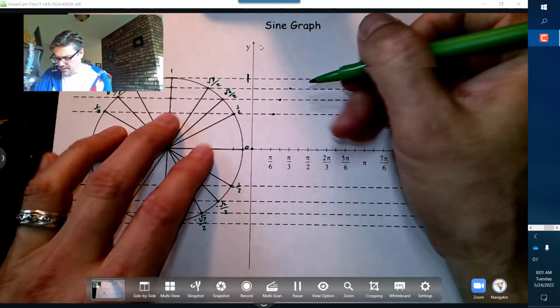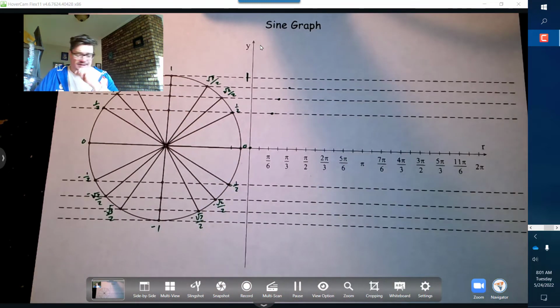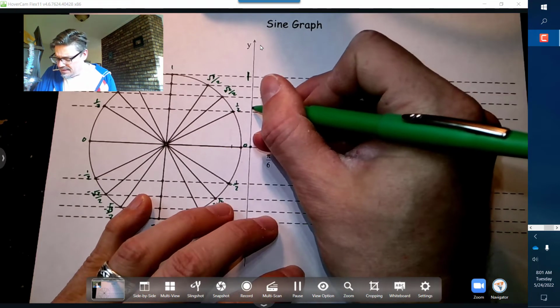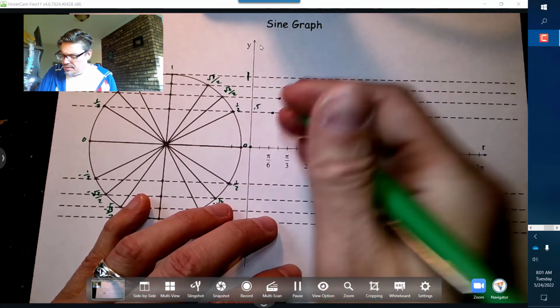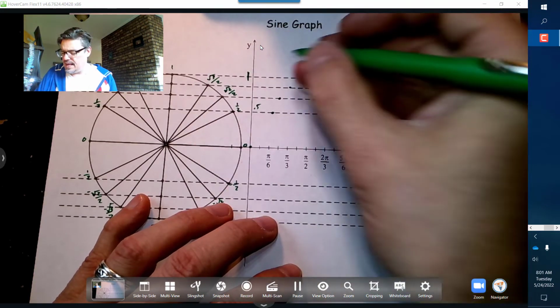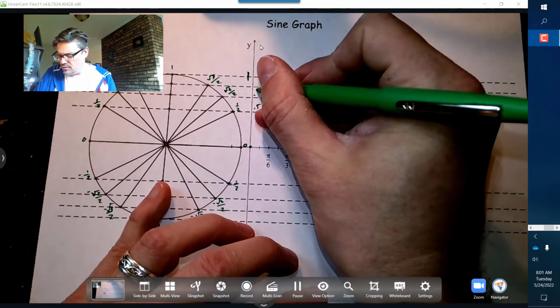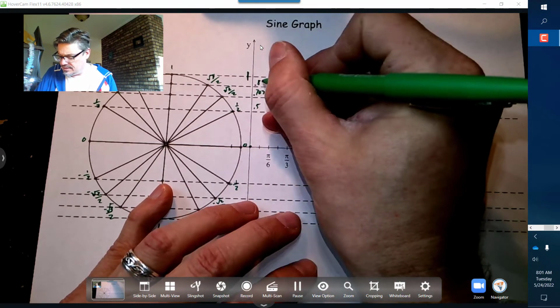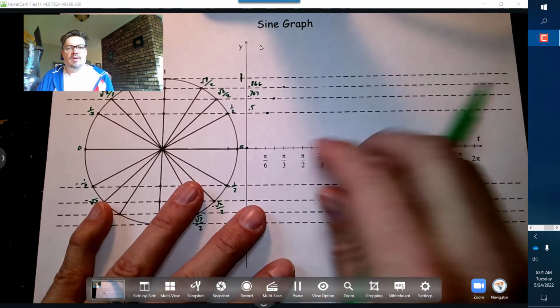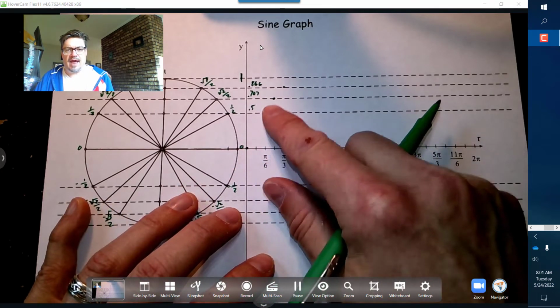Now these values right here: 1/2 is obviously 0.5, square root of 2 over 2 is actually 0.707, and radical 3 over 2 is 0.866. If we look at these as decimals, that's what happens.